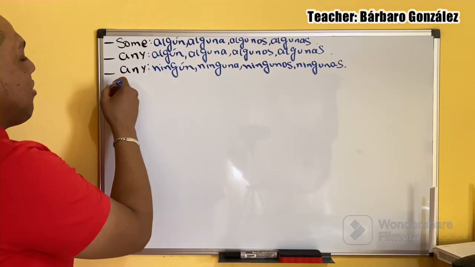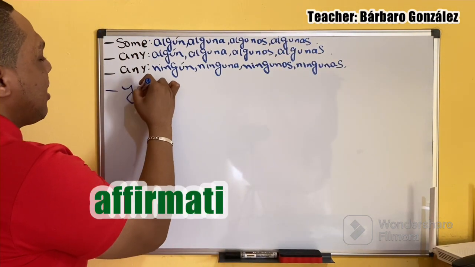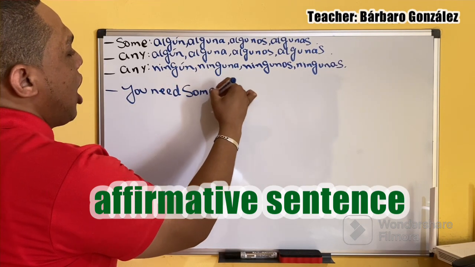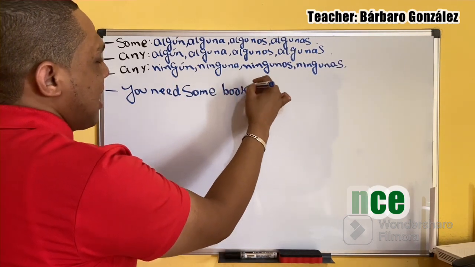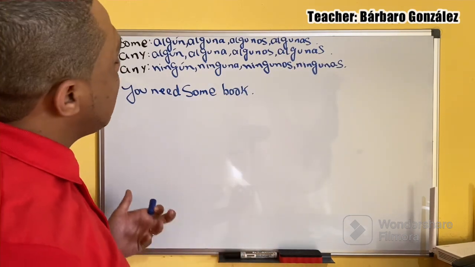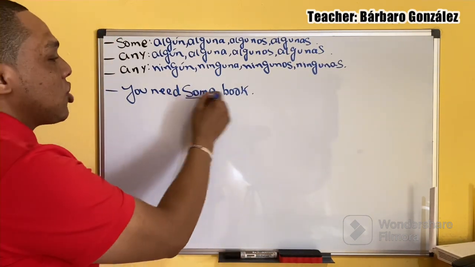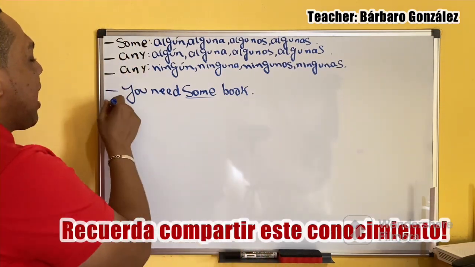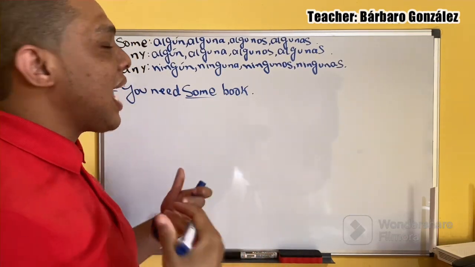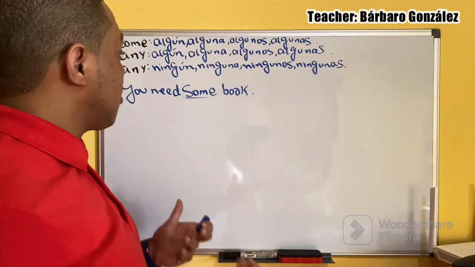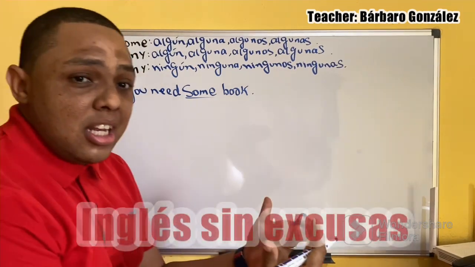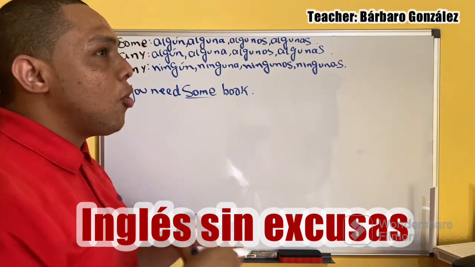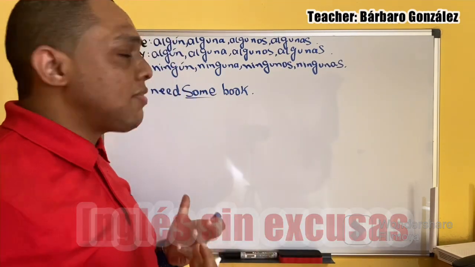For example, you need some book. As this sentence is affirmative, I use some. But if the sentence is interrogative, then I have to replace some with any. Of course, first of all, I have to use the auxiliary to form an interrogative sentence.